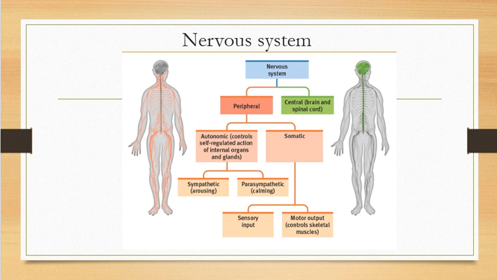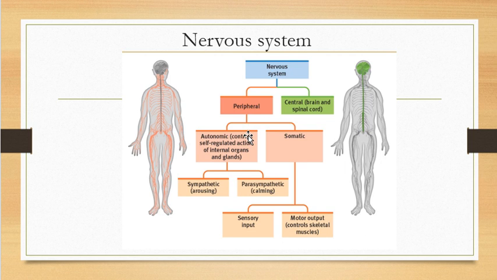So first, let's focus on these basic divisions. As we see in this slide, the peripheral nervous system is further divided into the somatic and autonomic nervous systems. These two classifications of the periphery depend on the direction of the message.